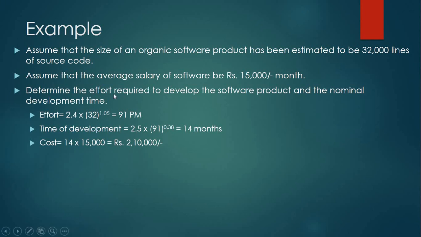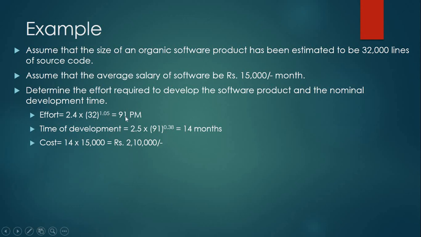Now determine the effort required to develop the software product and the nominal development time. Here effort will be 2.4 into 32 raised to 1.05. Our software is organic, so we use the values of A, B, C, D from the first row of the table.